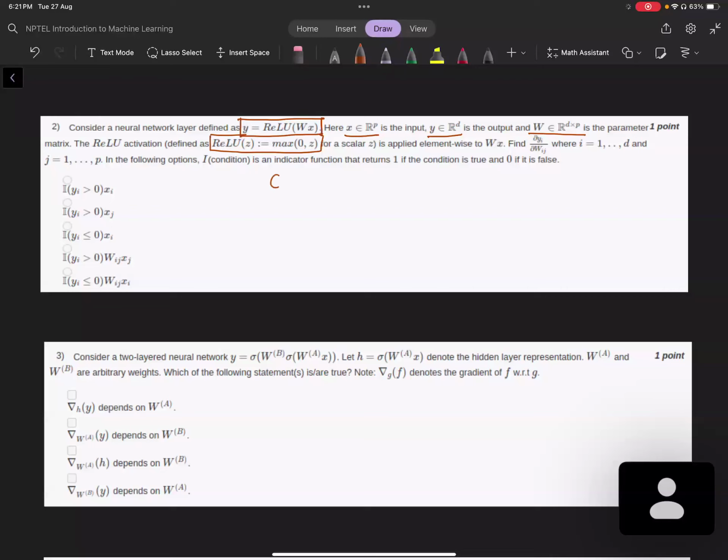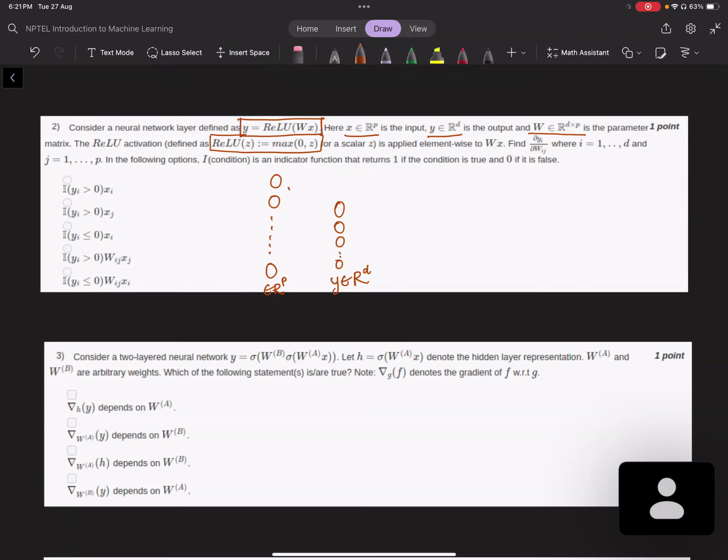So there are input units. The number of input units is p, so this belongs to a p-dimensional input, and there is y. Y belongs to a d-dimensional space.